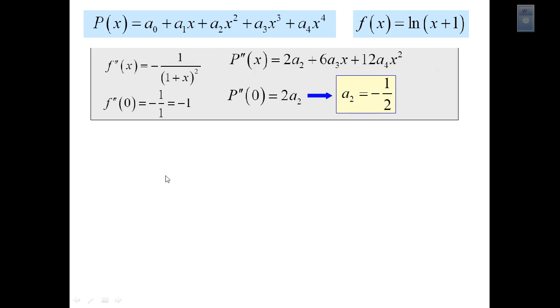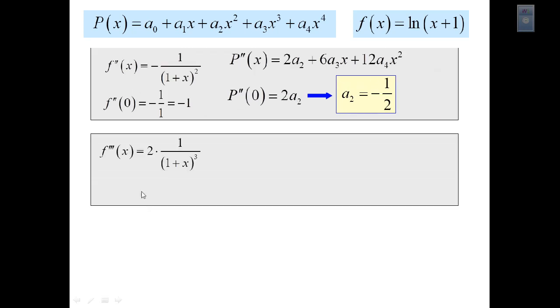All right, and picking up from there, if we do the third derivative of this thing, we're going to get 2 times 1 over 1 plus x quantity cubed. Evaluate the third derivative at 0, and we're going to find out that it's 2 times 1 over 1 plus 0, which is 1, and that 1 cubed gives us 1. 1 over 1 is 1, times 2 gives us 2.